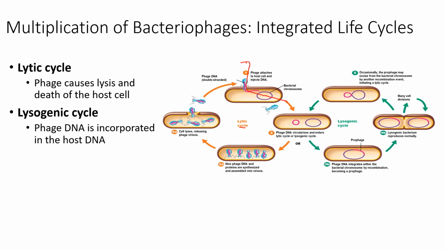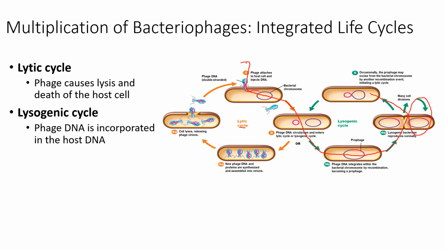But then instead of degrading the host cell DNA, the lysogenic bacteriophage is going to insert the viral DNA into the host cell. We call that a prophage. And then the cell is going to proceed as normal, and it's going to undergo cell division, which is called binary fission, make more bacteria, all of which are harboring that viral DNA. Remember, this gives some bacteria an advantage depending on what's in that viral DNA.